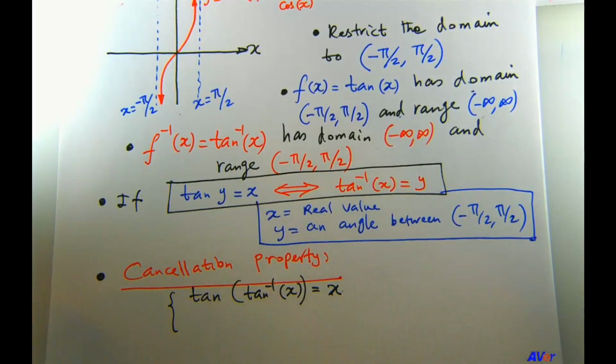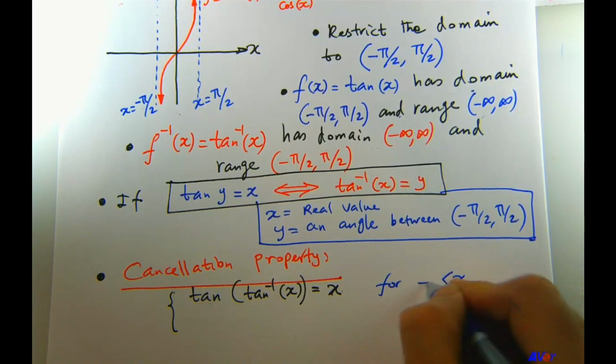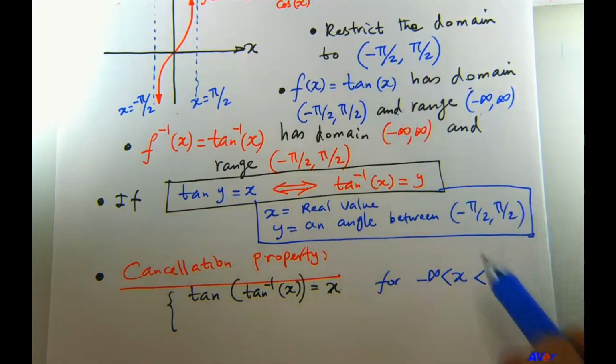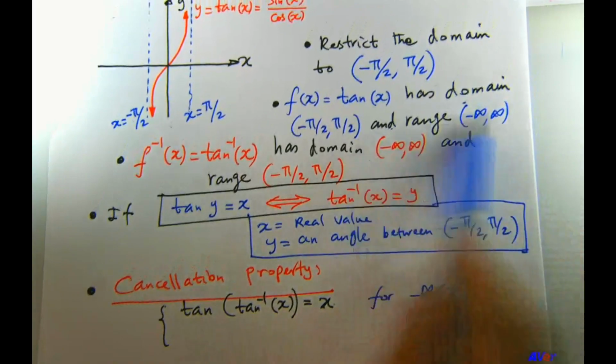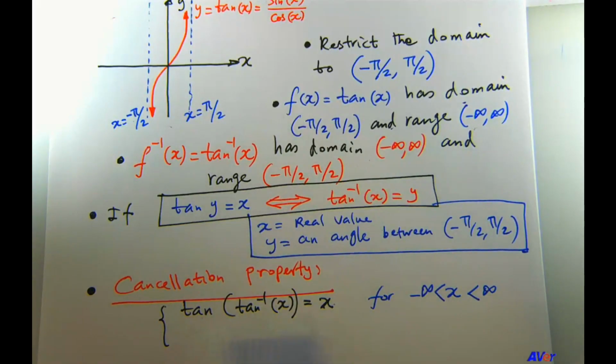So for x from negative infinity to infinity. I'm just rewriting this: the range of the tangent function is going from negative infinity to infinity.